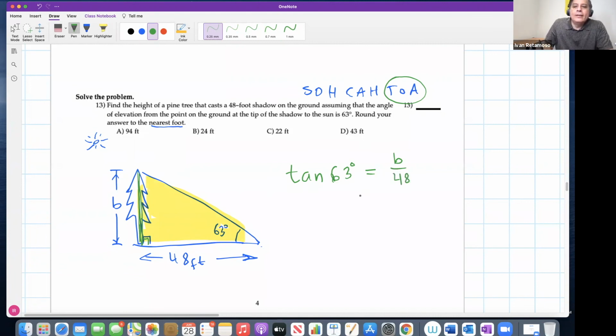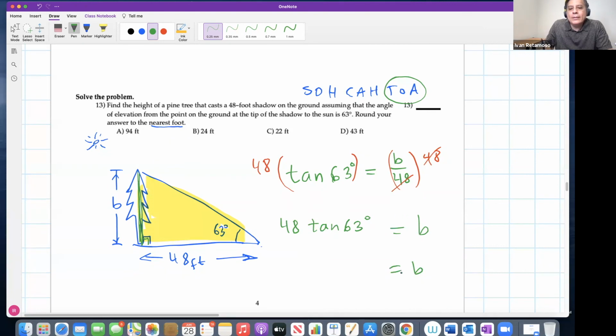From there, you can multiply both sides by 48, eliminate these two, and B should be equal to 48 multiplied by tangent of 63 degrees.